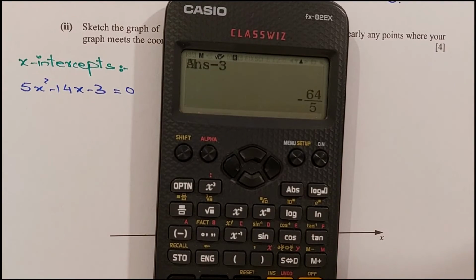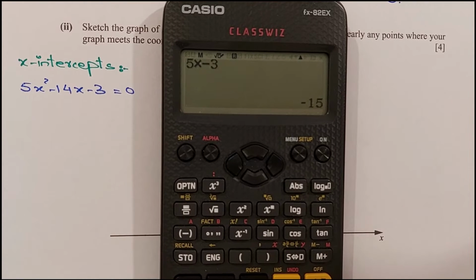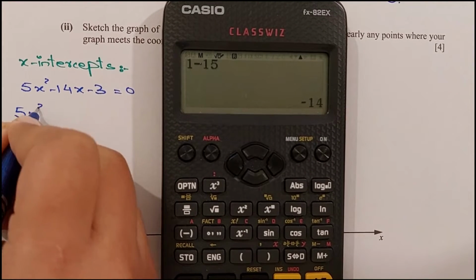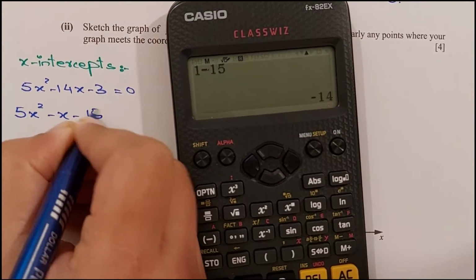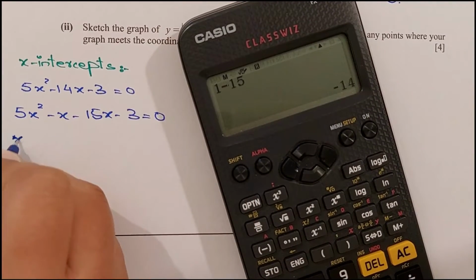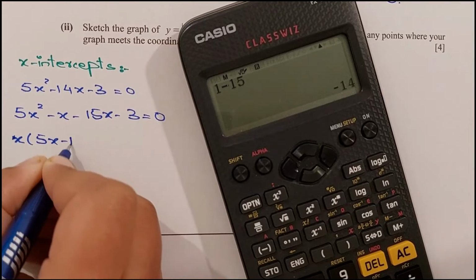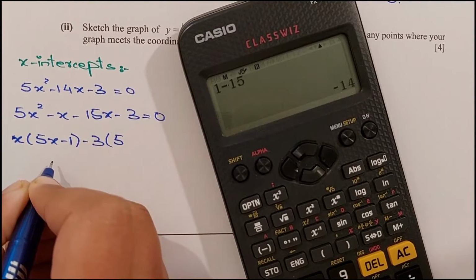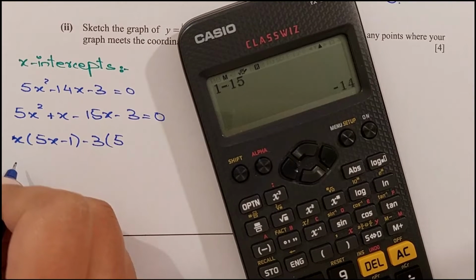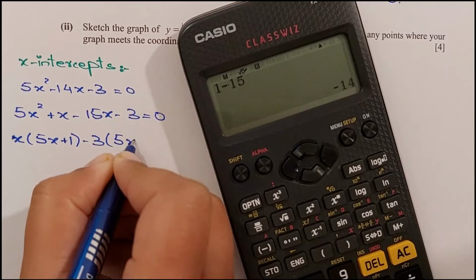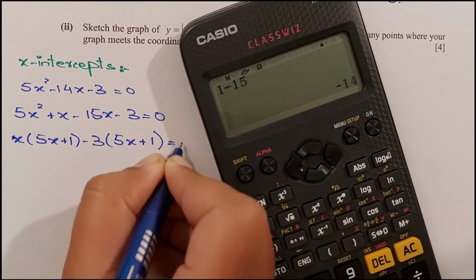Factorize it. We have 5 times minus 3 is minus 15. 1 times minus 15, and 1 minus 15 is negative 14. 5x square minus 15x plus x minus 3 is equal to 0. Taking 5x common, x minus 3, and taking 1 common, 5x plus 1, equal to 0.